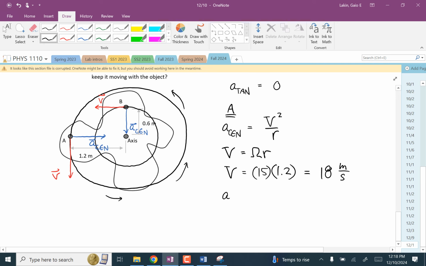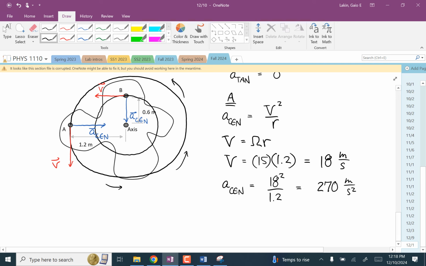And so the centripetal acceleration magnitude is 18 squared over 1.2. So 324 divided by 1.2. So this is 270 meters per second squared.